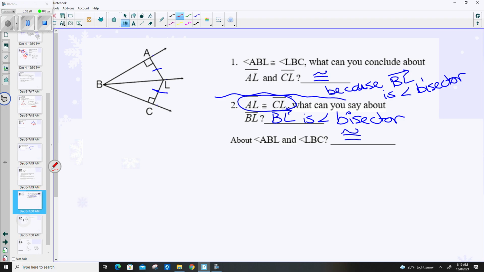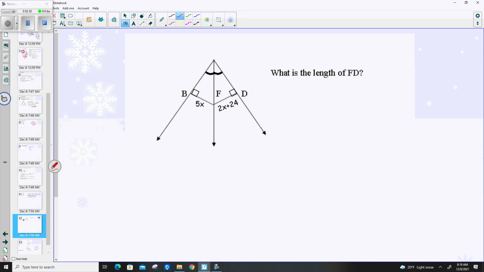All right. So then we should be able to do something with this. I want to know the length of FD. Thoughts? How can we attack this? Why would 5x equal 2x plus 24? Why are those lines congruent?